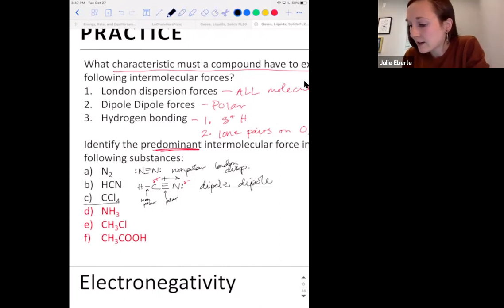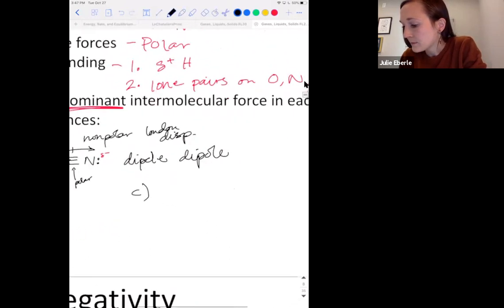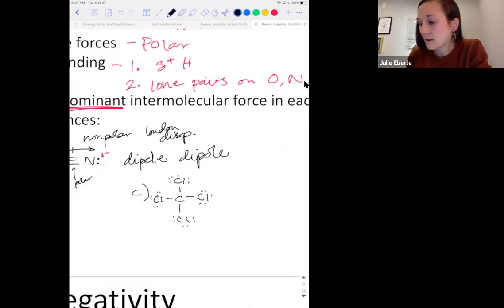Next we have CCl4. So I'm going to draw that one over here. CCl4 looks like this. And then you've got all the lone pairs on those chlorines. Okay.